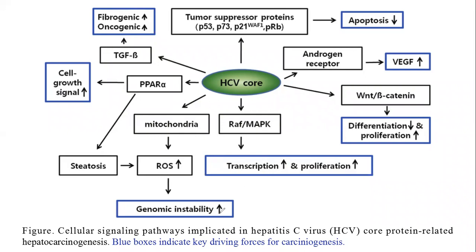This means increment of genomic instability, ROS generation, reactive oxygen species generation via a mitochondria-mediated pathway, then transcription and proliferation, differentiation decrement and proliferation enhancement, then vascular endothelial growth factor enhancement, and decrement in apoptosis or natural cell death. So this HCV core protein is responsible for HCC development by the following driving forces.